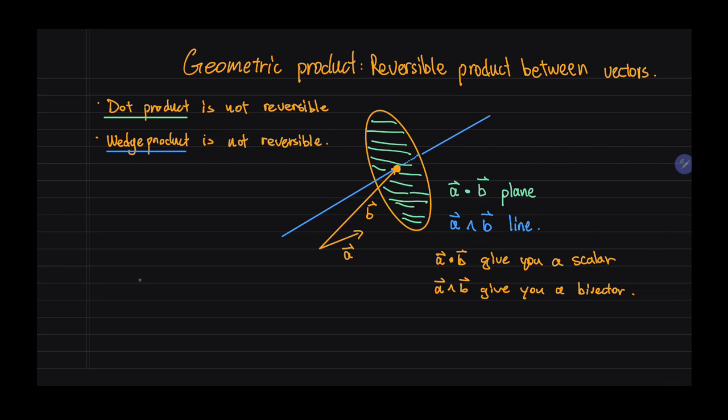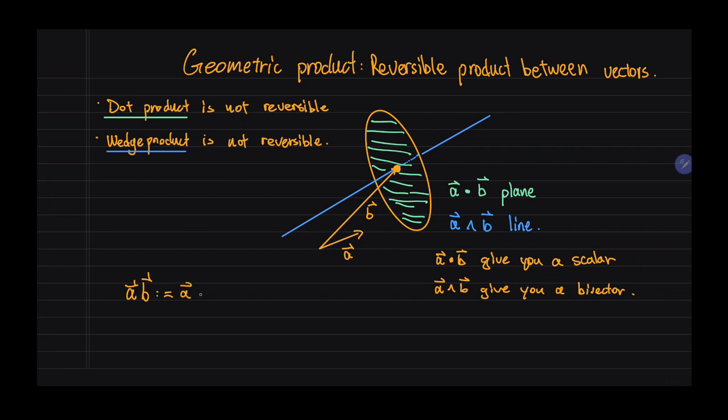So yes, this motivates us to define a geometric product of A and B, which we will just write as vector A, vector B, with nothing in between.